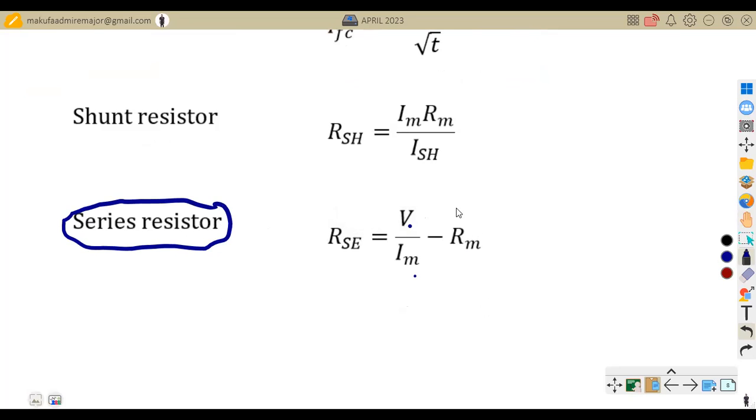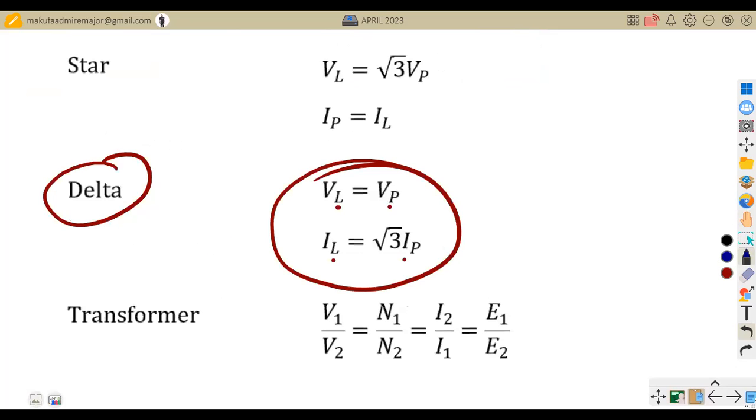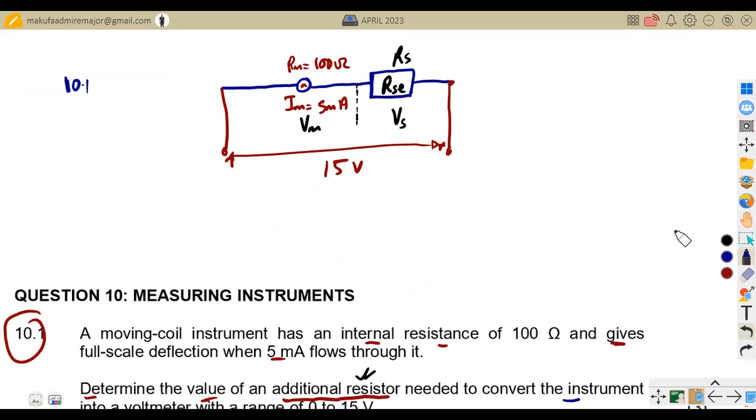So that's the formula you're going to consider, or you can make it the subject of the formula. Because of time, let's just consider our formula. RS is V over IM minus RM.